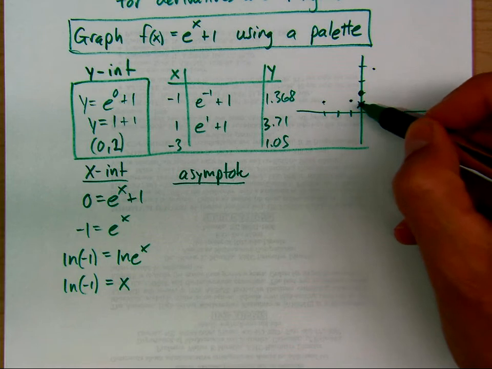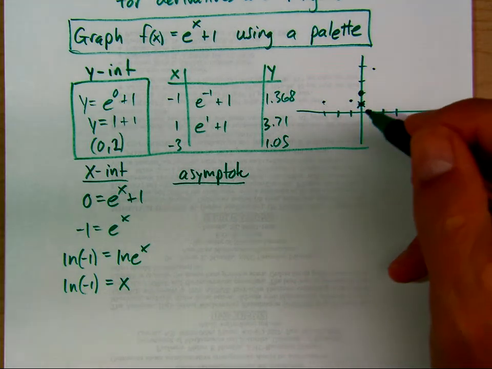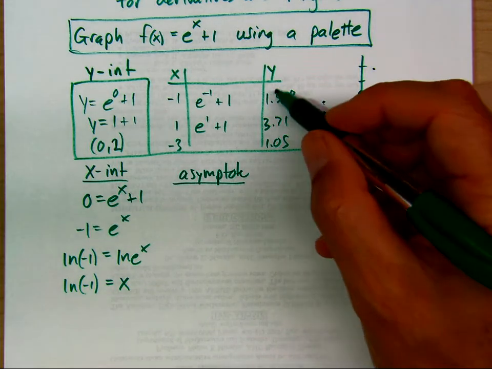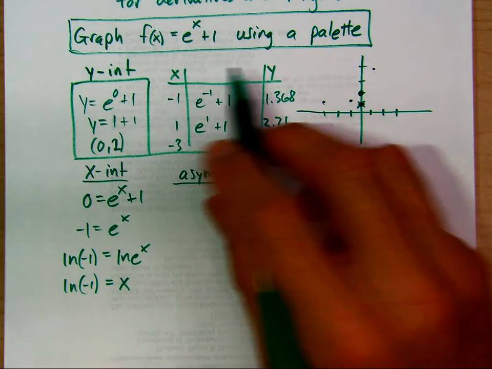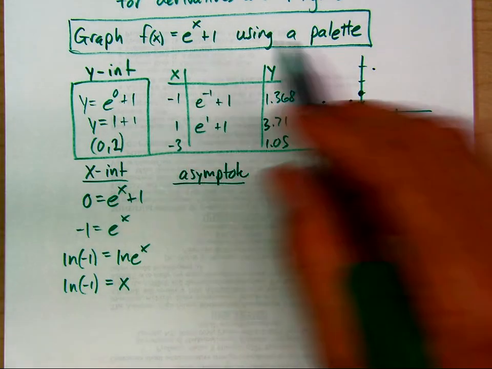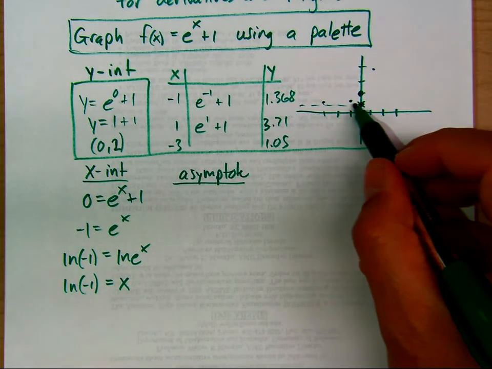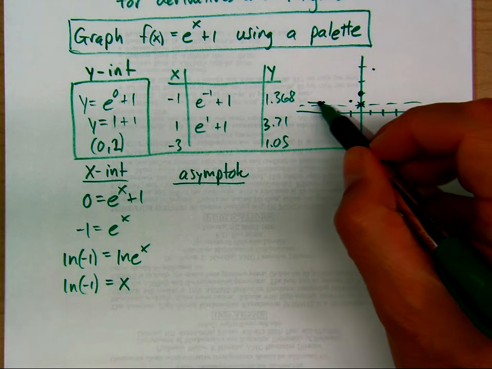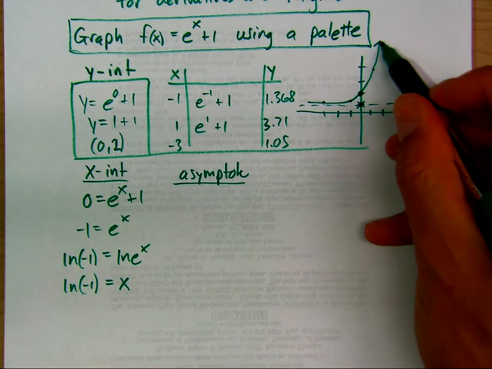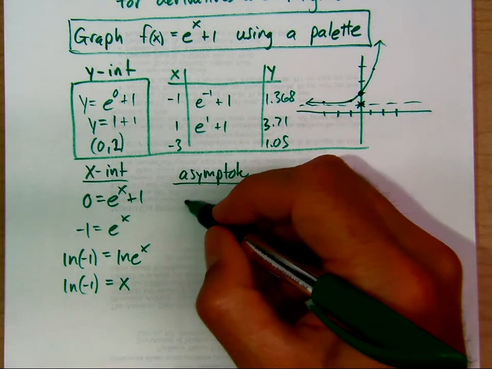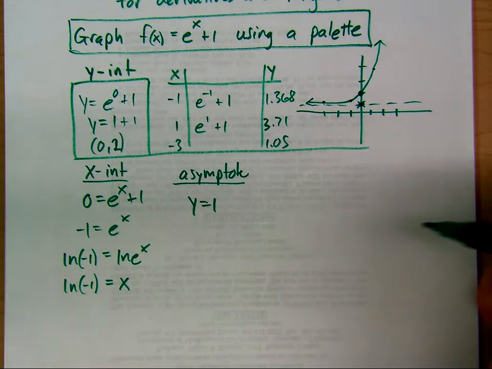So if we don't know where the horizontal asymptote is, we can see that the y values are getting close to 1. We also see a vertical shift of 1. So the asymptote is at y equals 1.